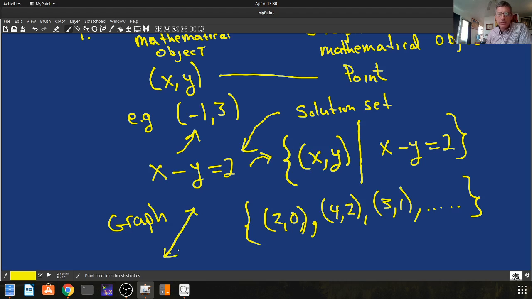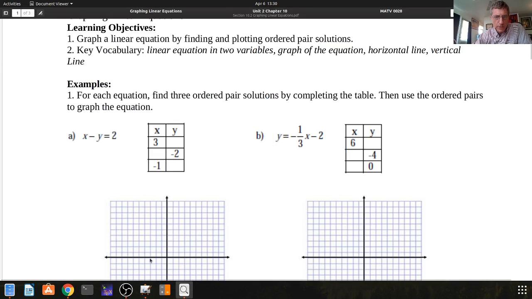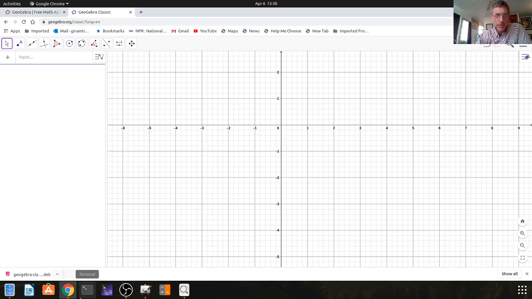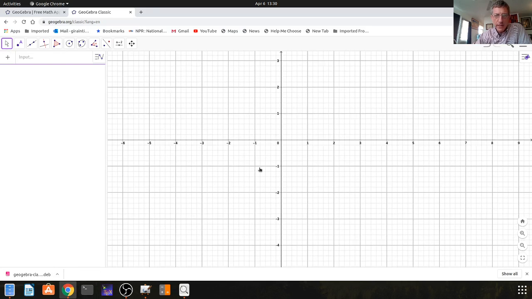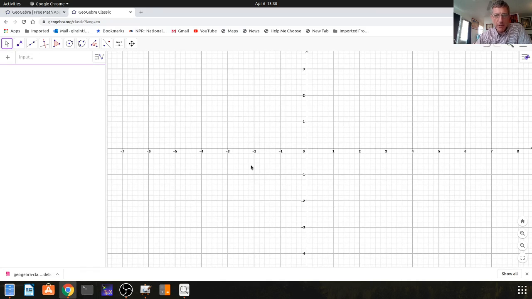So let's actually do that. Let's take a look at that. So here I'm going to use GeoGebra, and I'll write down that word in just a second. And over here on this part where it says input, let's actually just show you first.